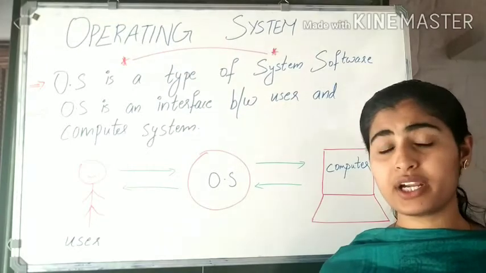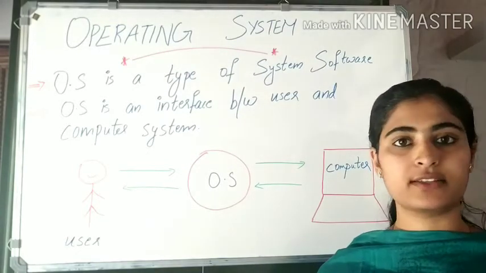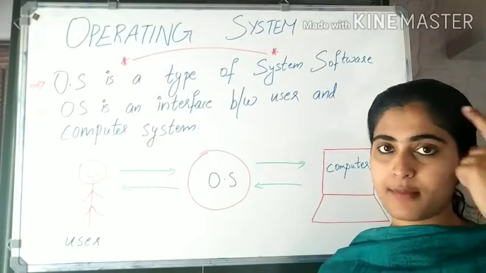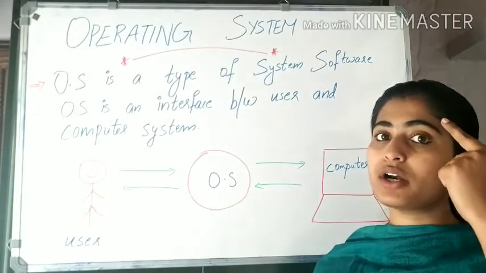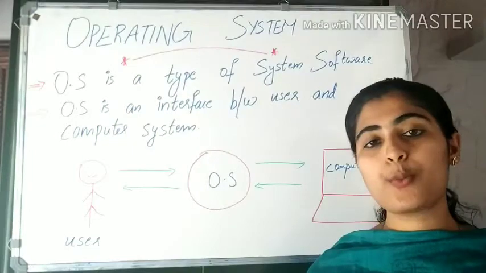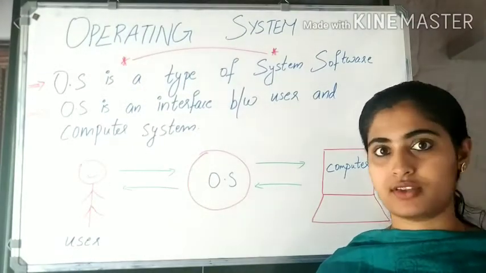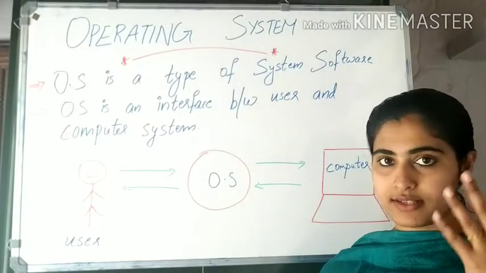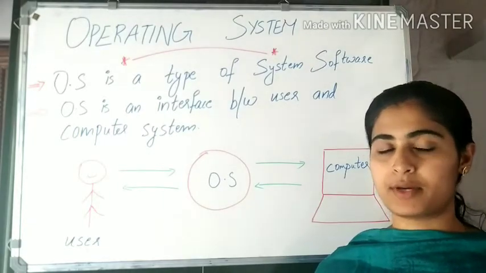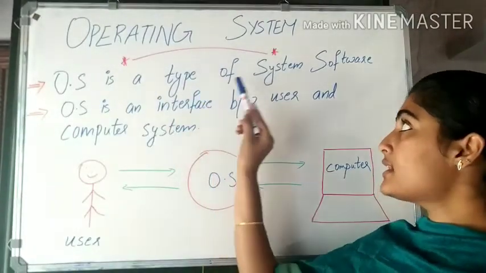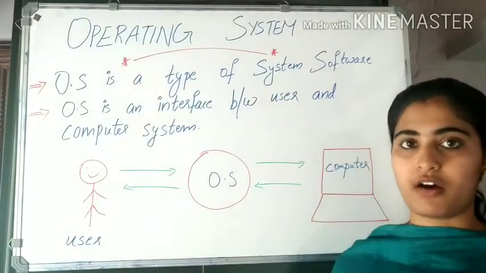And a computer cannot function properly without a system software. Take the example of our brain. That is, brain is the one that manages all operations inside our body, and our body cannot function without our brain or without the instructions coming from the brain. Okay, so operating system is a type of system software.